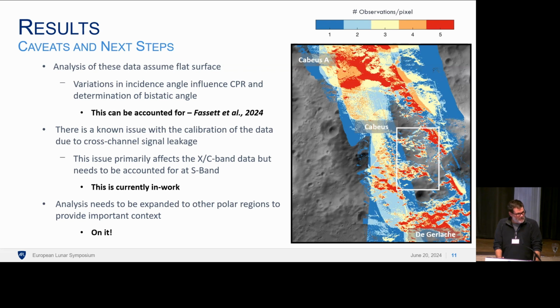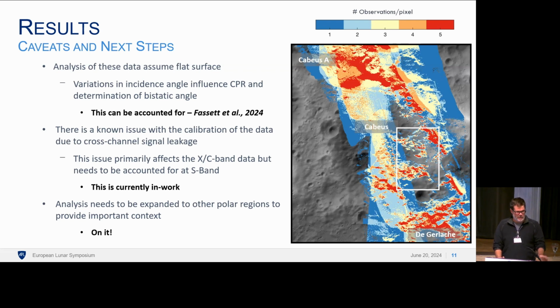We hadn't anticipated there would be cross-channel leakage in the system. Ground testing had suggested there shouldn't be, but there is, and we can correct it and have done so for the X-band. We're still working on doing that for S-band. We don't have Arecibo anymore to do additional calibration characterization of the antenna to isolate the character of that response at S-band.